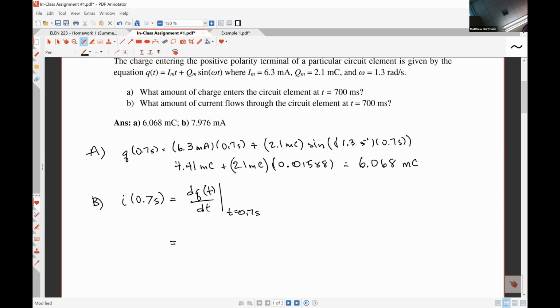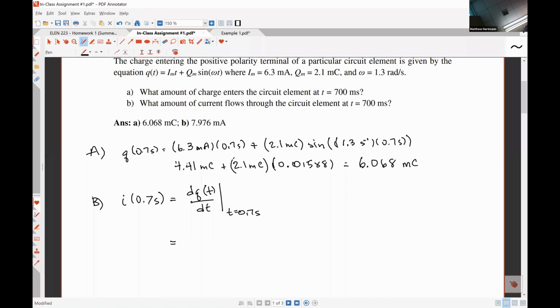So what's going to happen? Let's see. The derivative of Im t with respect to t is simply Im. The derivative of Qm sine omega t, what's that going to be? Qm times omega times sine of omega t. So the derivative of sine is sine. My bad, I forgot about that. Cosine. All right, so the derivative of sine is positive cosine.